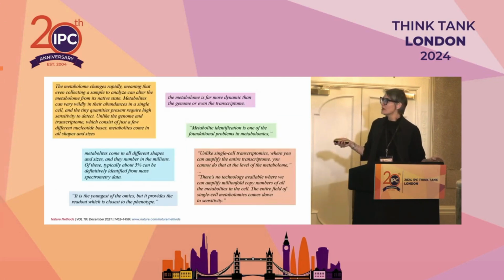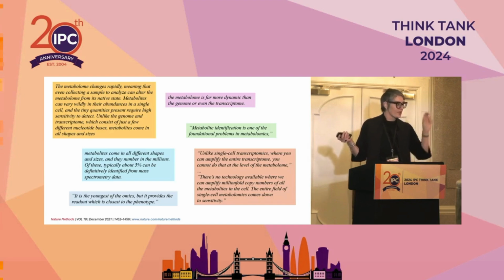So I'm going to end as I began, with a list of sentences that caught my attention. One of them is this one: the metabolome is far more dynamic than the genome or even the transcriptome, which tells you that when you take your patient sample, you're only capturing that moment in time.